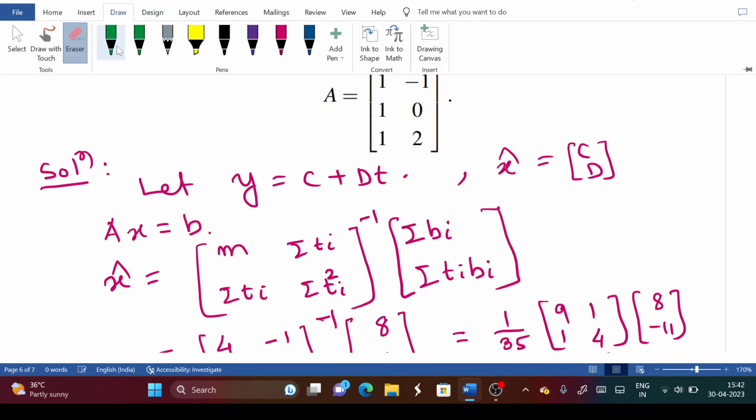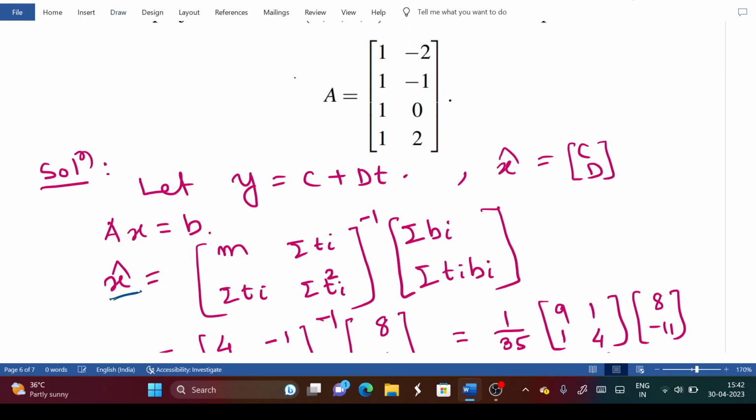So here x cap is equal to (C, D), and Ax is equal to B. We have a set of data Ti, another set of data Bi, and M number of equations are considered. In that case, x cap involves M, the number of equations, added M times.